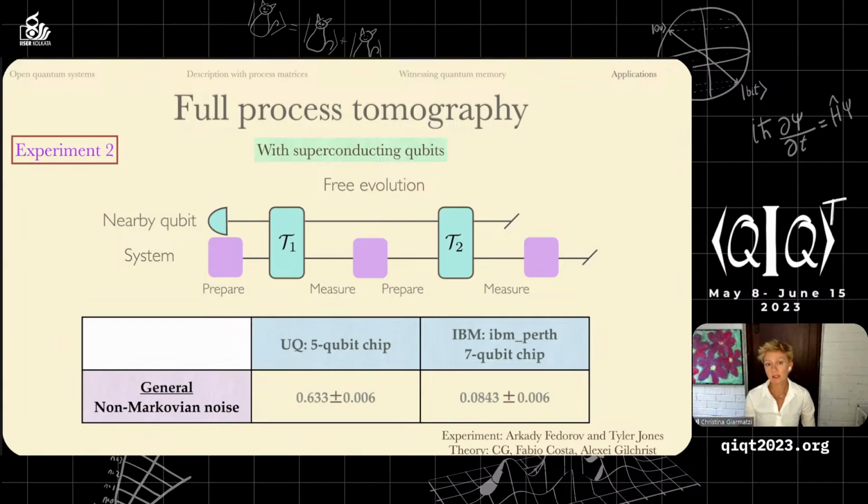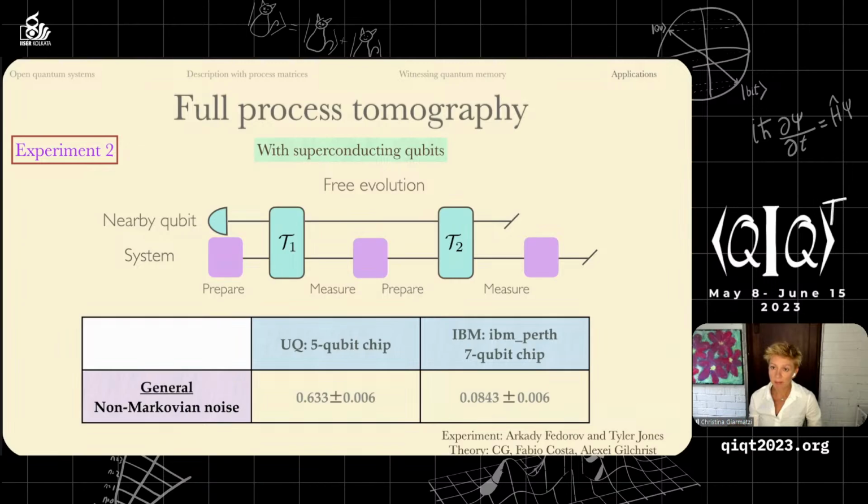And from that, through some measure, it's not complicated, it's very easy, we estimated the amount of general non-Markovian noise. So if it was 0, it means it was Markovian, but as you can see, it's far from 0, so it was non-Markovian. So we did this for 2 systems, 2 devices. One is the 5-qubit chip at QIQT, the University of Queensland, and the other one was at IBM.